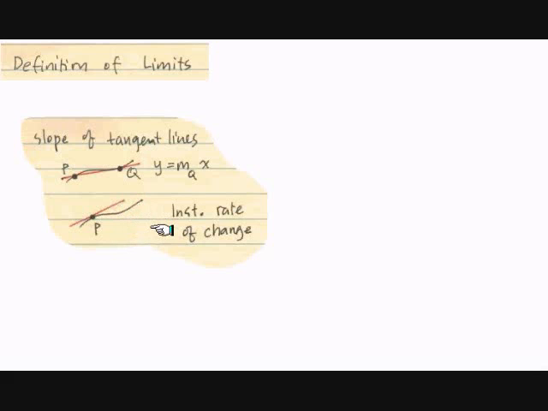To make this idea more precise in mathematics, they needed the following concept, which is the concept of limits. And I forgot to mention this part right here called instantaneous rate of change.